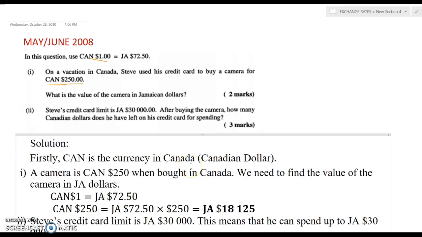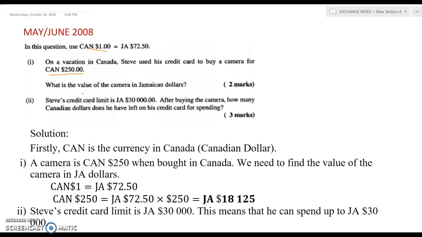So we want to convert that cost for the camera from Canadian to Jamaican dollars. Again, remember I told you always find for 1 first in what you want to convert. We already have for 1 Canadian: 1 Canadian is $72.50. So 250 Canadian dollars would be 72.50 times 250 in Jamaican dollars.